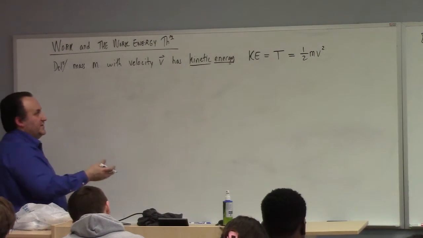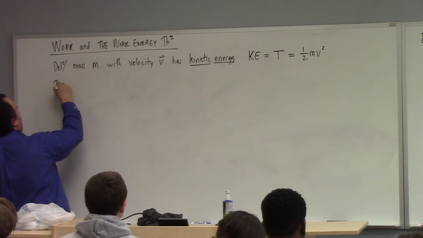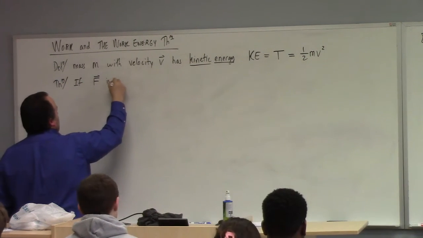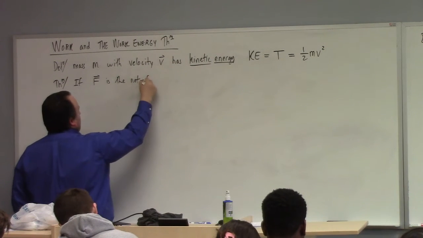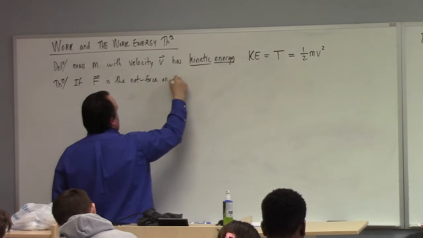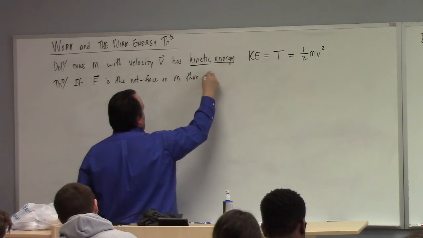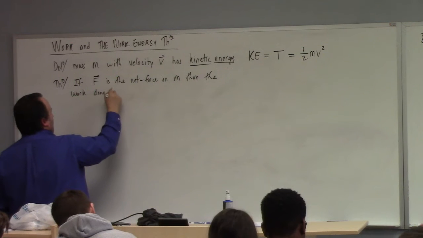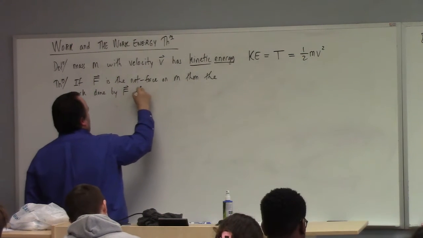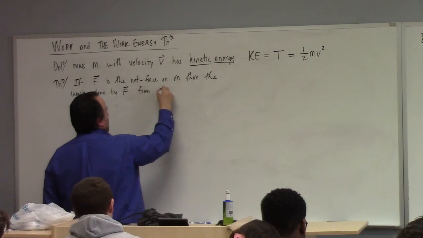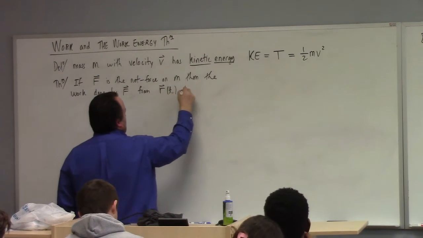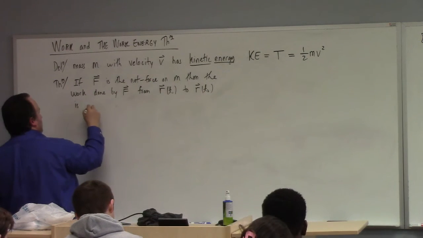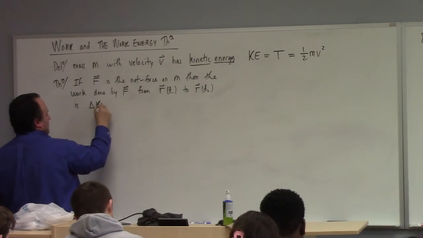So 1/2 mv squared is the formula for kinetic energy. All right. So here's the interesting thing. Theorem: if F is the net force on m, then the work done by F from position r of t1 to position r of t2 is the change in the kinetic energy.